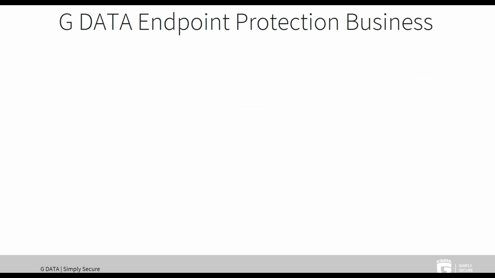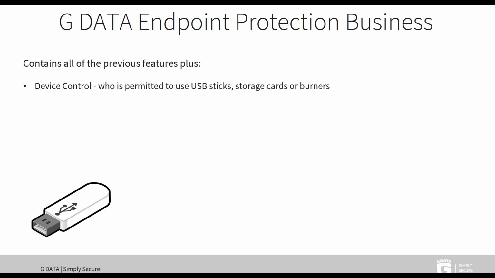GData Endpoint Protection Business also contains all the previous features from GData Antivirus Business and GData Client Security Business, as well as device control. So you can actually say that you can allow or disallow USB sticks, storage cards, CD burners, webcams, and so on within your network.